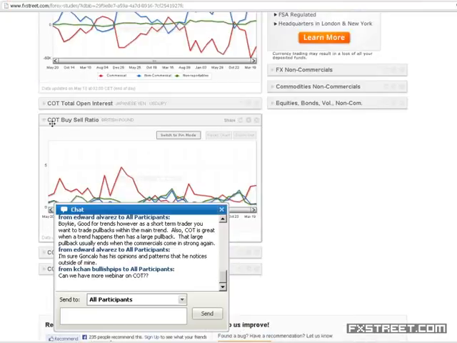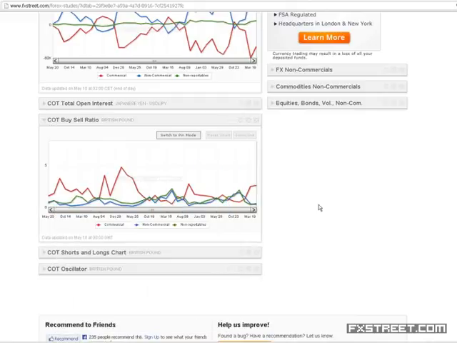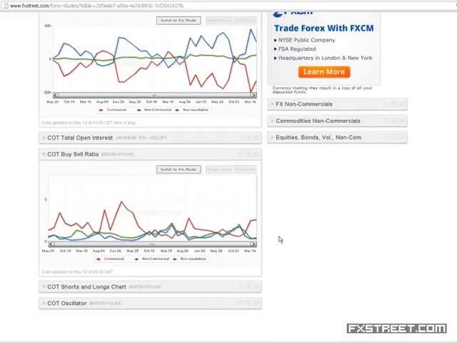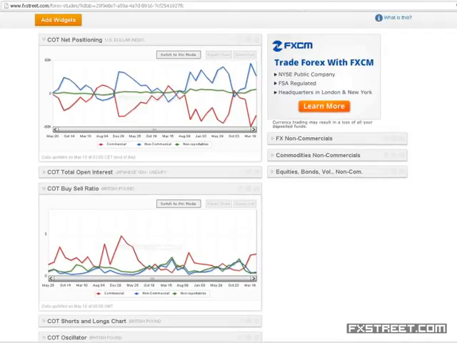Okay. Moving on to the next study, the CoT BuySell Ratio. This is basically for each one of the groups. What is done here is to see the proportion between longs and shorts for each group. If you have an extreme net positioning in some of the groups, you want to assess the quality of that extreme positioning within that group.